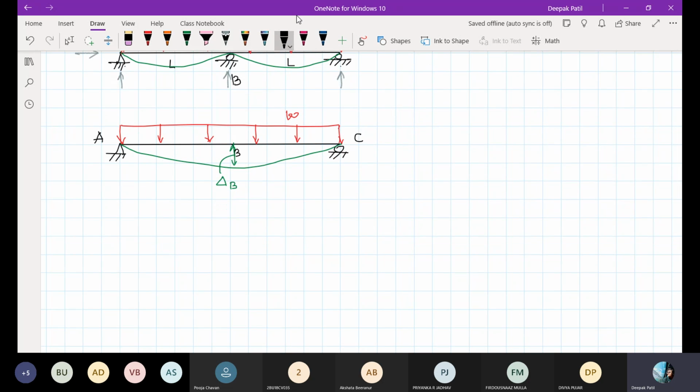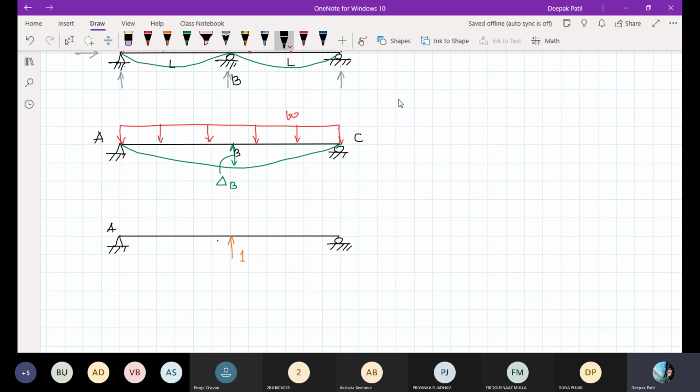Now once again, I will draw the same beam without the roller support at B and without the external load W. But now at B, I will introduce a unit load.